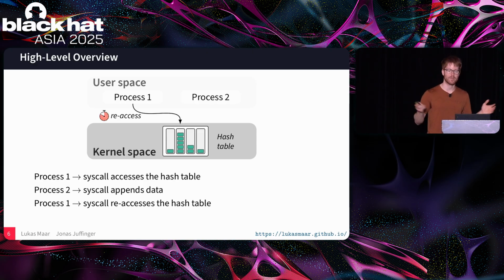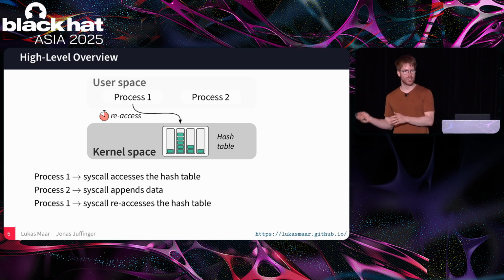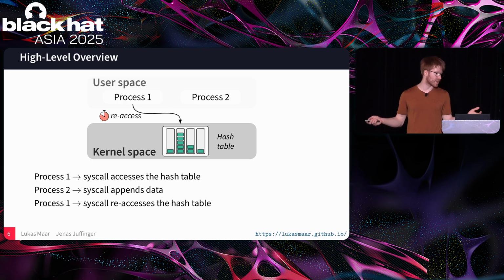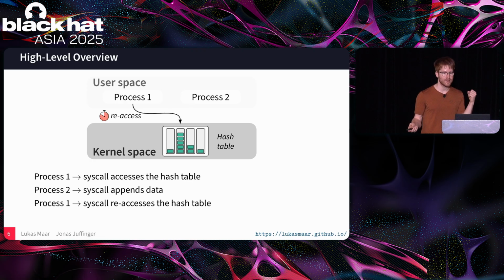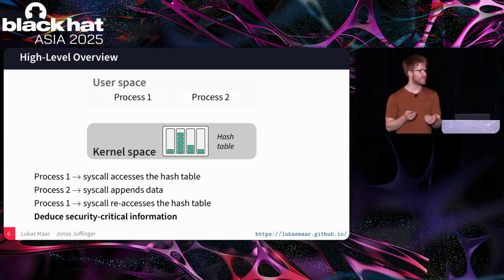And let's say after some time, process 1, the process controlled by us, calls the same syscall again, which re-accesses the hash table. Now the hash table has 5 elements instead of 0. The access will be notably faster compared to the first syscall. And what KernelSnitch does is deduce security-critical information from this timing difference.